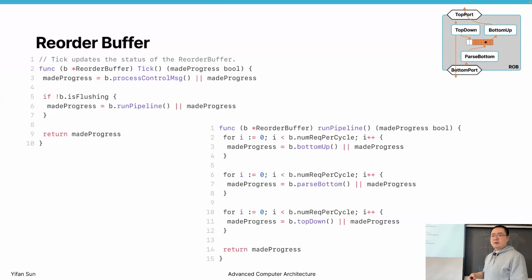So it's a little more complex, as it can process multiple requests each cycle. For the same reason as I talked about regarding the pipeline order, I have to process this state n times, this state n times, and this state n times. But just ignore these four loops: bottom up, parse bottom, top down, in reverse order.